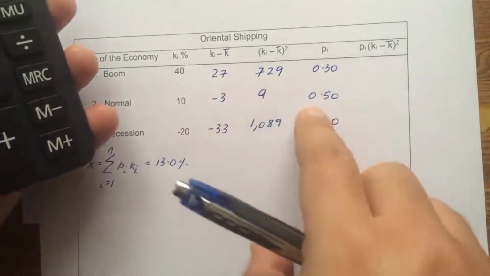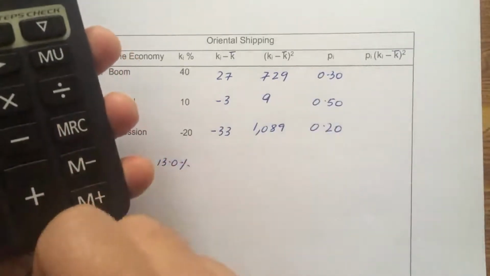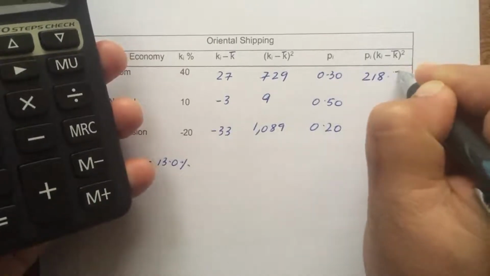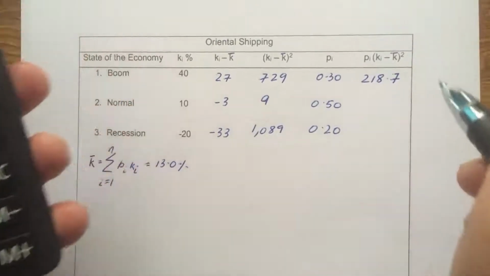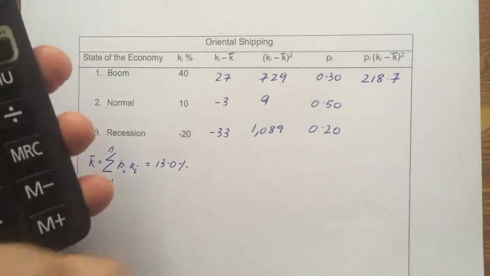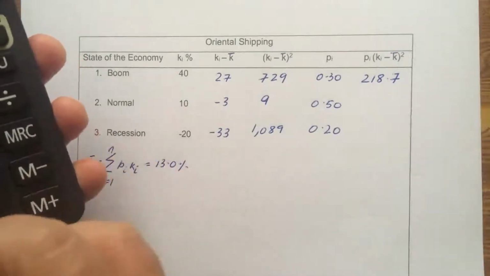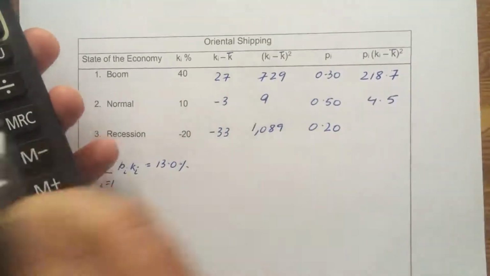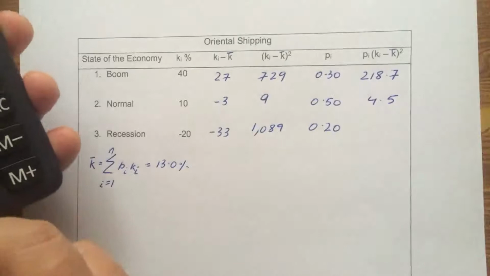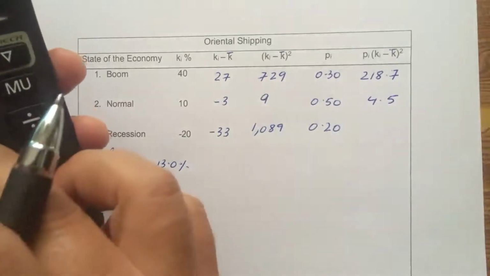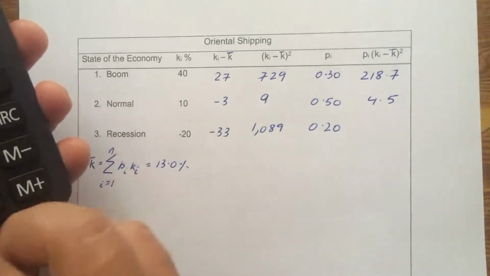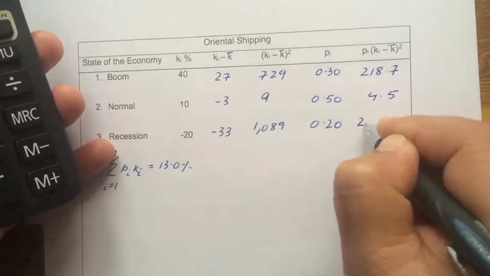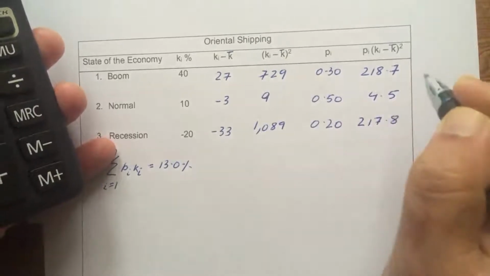Now 729 into 0.3 is 218.7. Then 9 into 0.5 is obviously 4.5, and 1089 into 0.2 is 217.8.